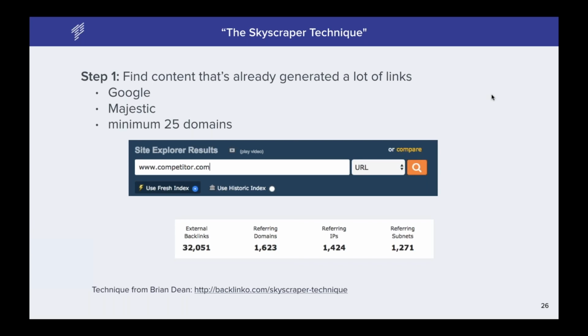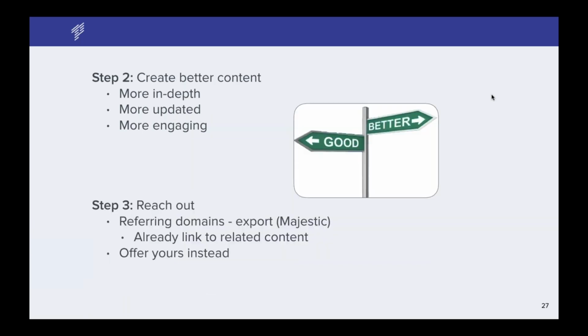If the referring domains there are less than 25, then maybe it's not the best source. But if there are more than 25 referring domains pointing to their site, then it's a valuable source, and you would like for those domains to go to your site, not to theirs.